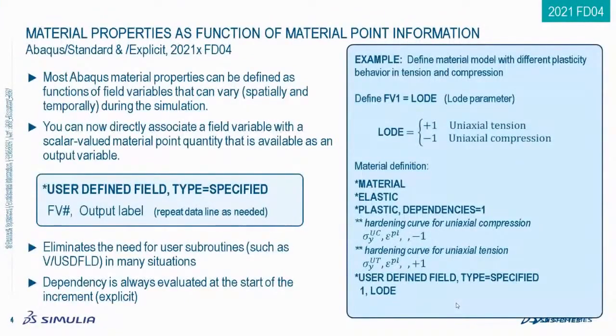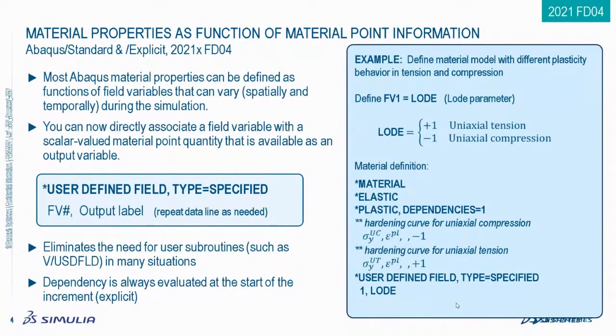The first thing I'd like to talk about is a very interesting enhancement called material properties as a function of material point information. Many of you, I'm sure, are familiar with the field variable capabilities in Abacus. That allows us to make material properties a function of some variables that can vary with space or time. That's a very powerful capability.